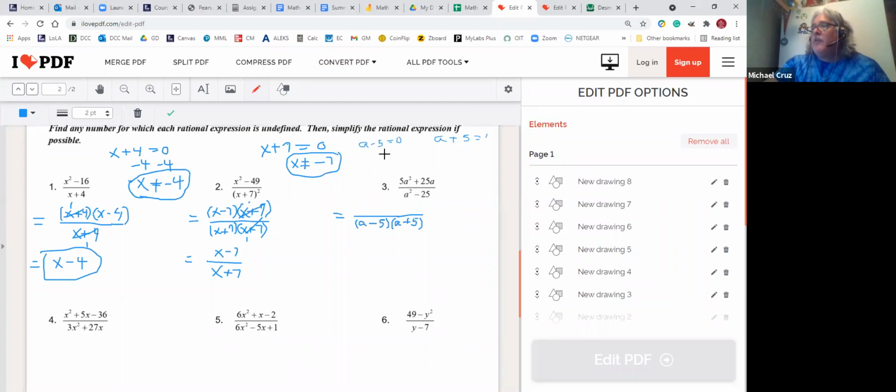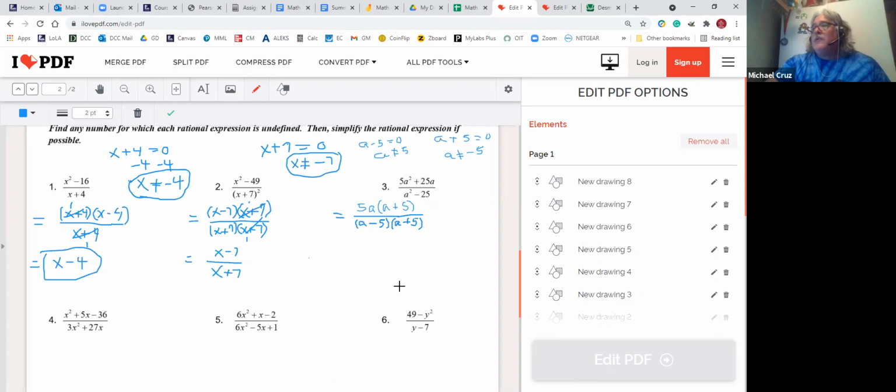So a can't be equal to 5. a can't be equal to -5. All right, what does that numerator factor as? The only thing we can take out is a common factor of 5a. And then once we factor it, that's what we've got left.